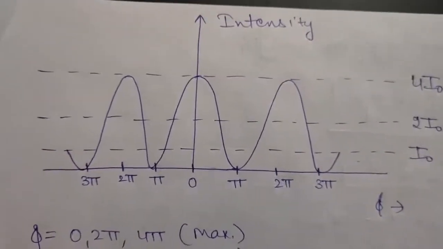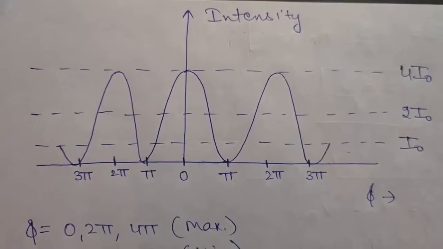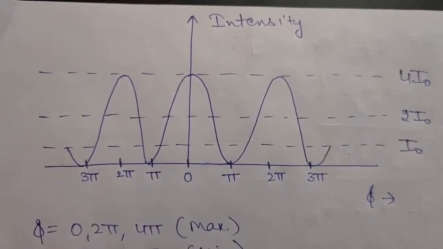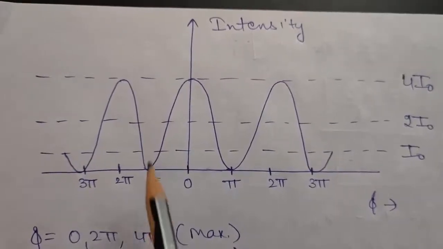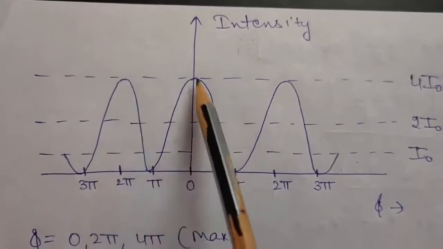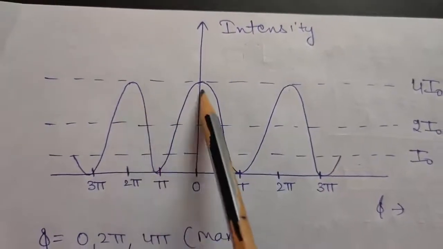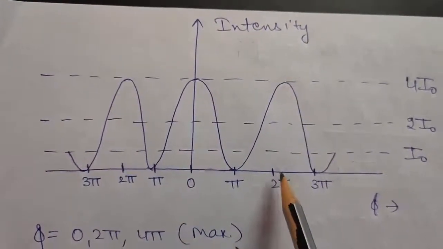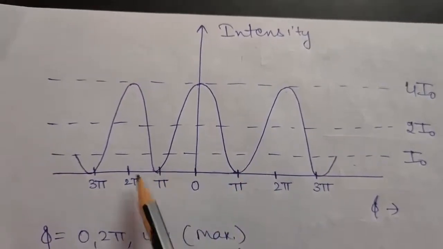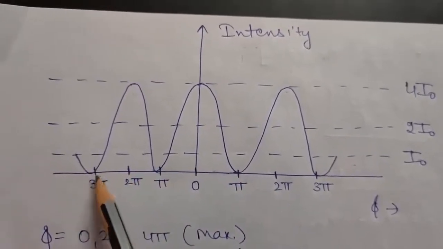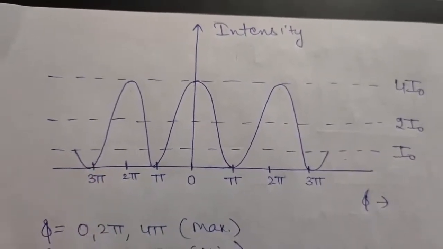Okay, so now one more thing is that all the bright fringes are of the same intensity and all the dark fringes are of zero intensity. As you can see, these points are denoting maxima, or you can say a bright fringe, and these points are denoting minima, or you can say a dark fringe. So as you can see, we have alternate dark fringe and bright fringe.